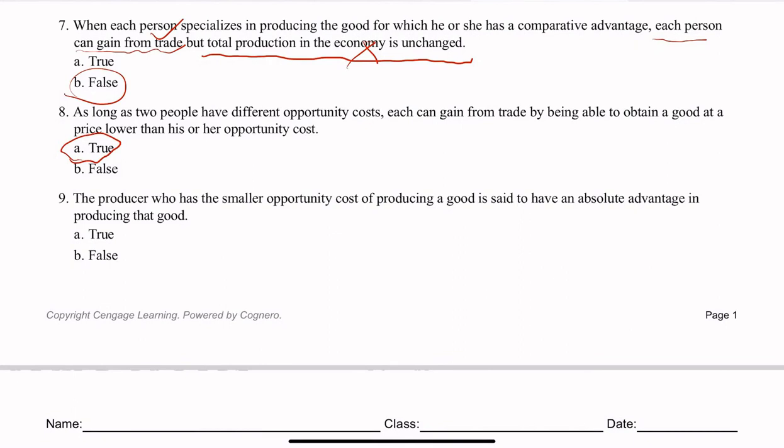Now, how do you get the benefit from trade? Well, essentially if you're the buyer, you could buy at a lower price than your opportunity cost. And if you're a seller, then you can sell at a higher price than your opportunity cost. So that's why you would decide to become a seller.